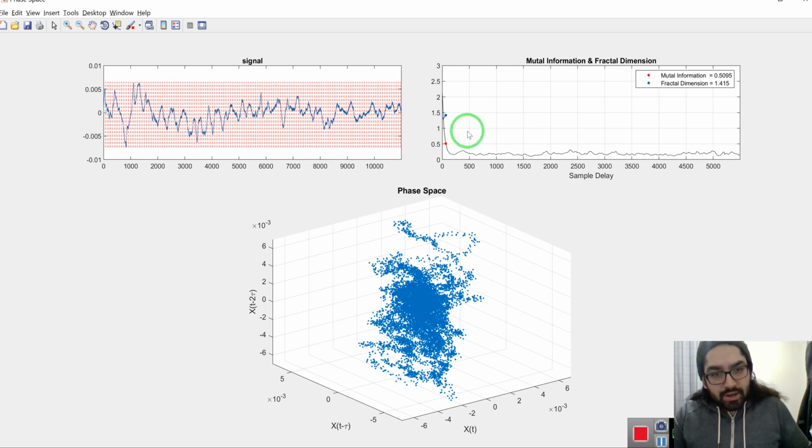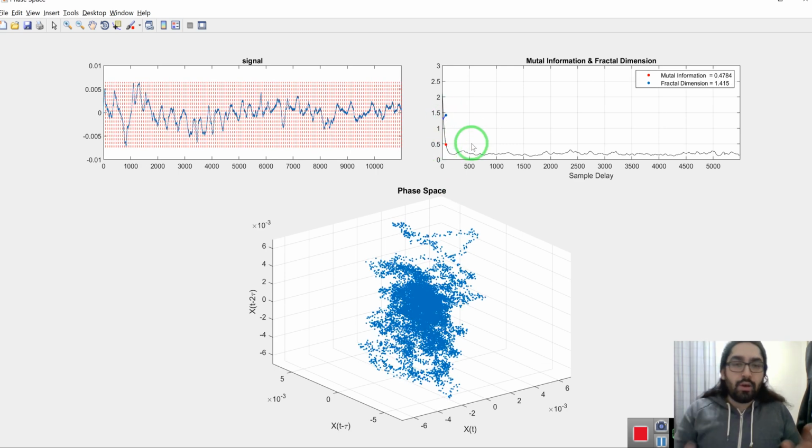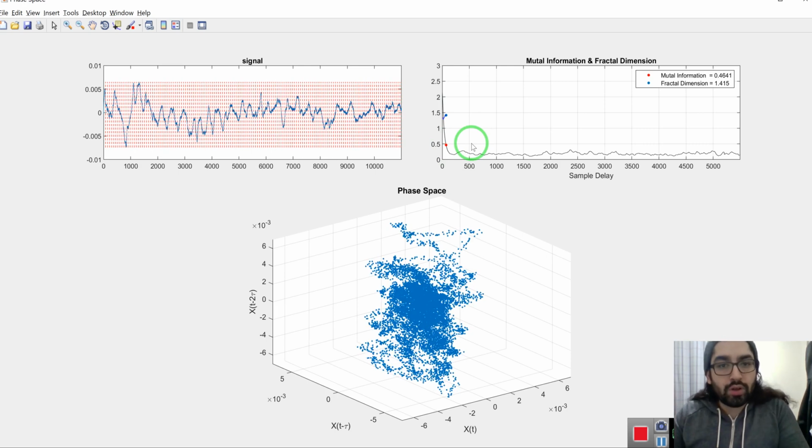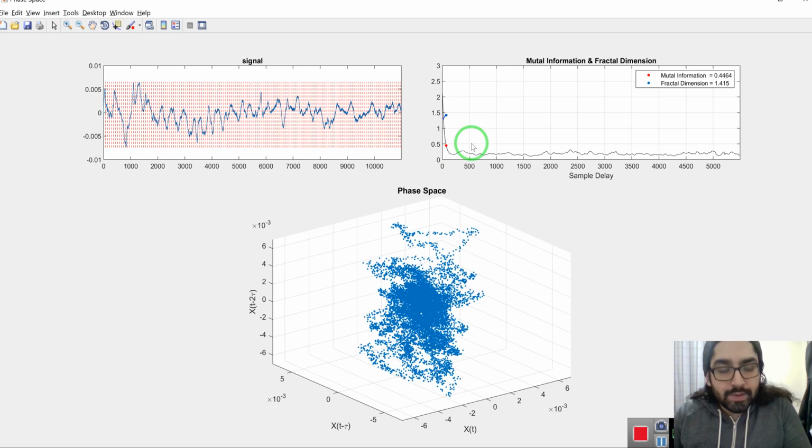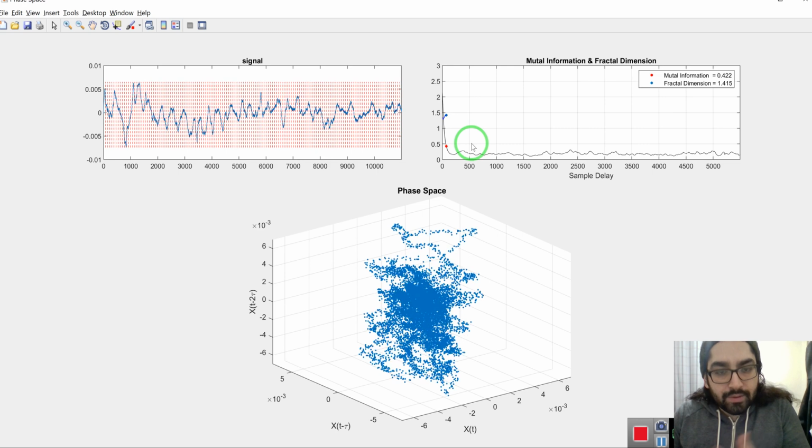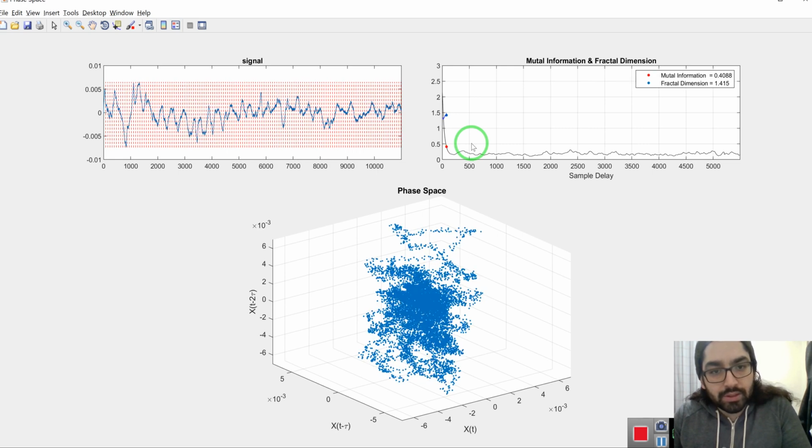Okay, as you can see here, fractal dimension and mutual information are two sides of a part. Usually when one of them goes down, the other goes up.